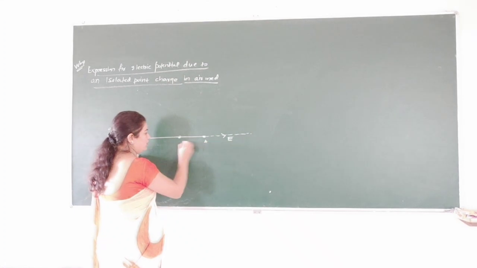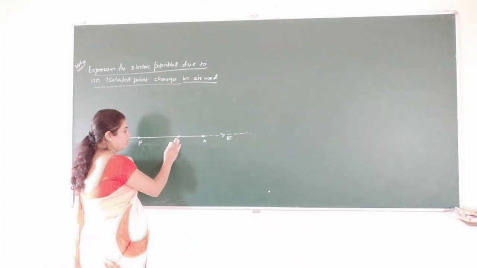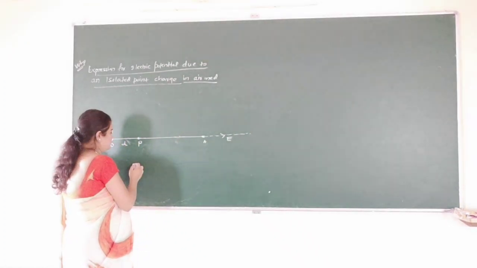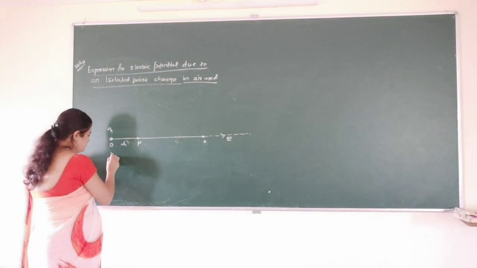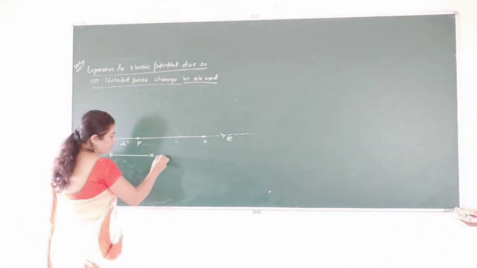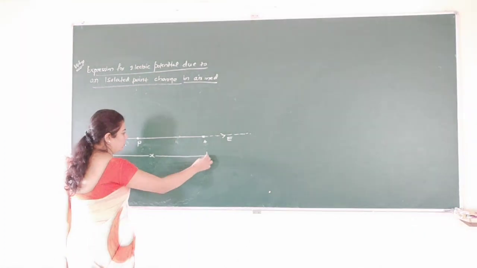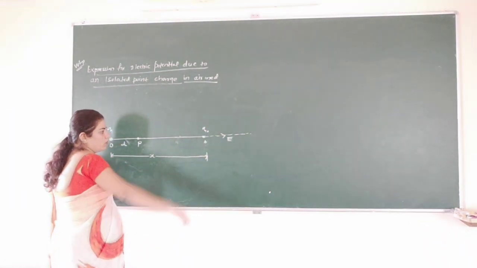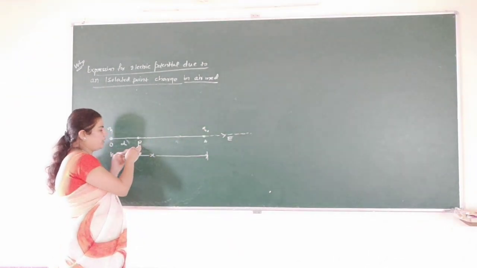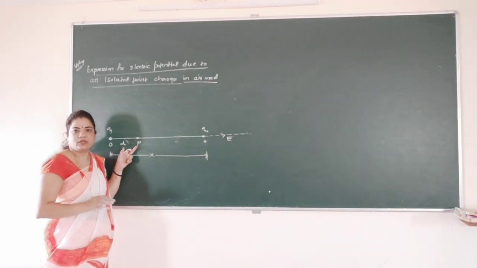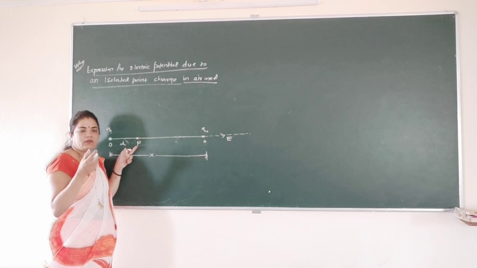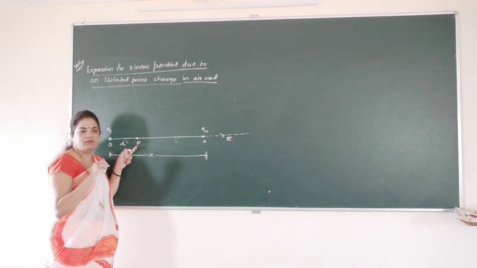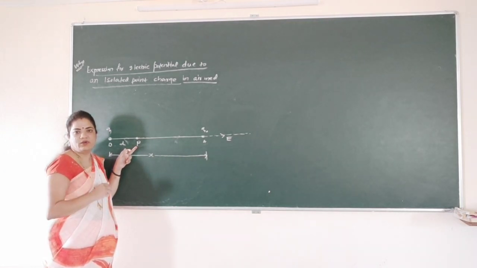This is A and this is B. First I choose A. A is at a distance x from O. Here we placed what? Test charge. Calculating the work done from infinity to this point P directly is not possible. We will calculate first small work and then with the help of integration we can calculate what? Total work.